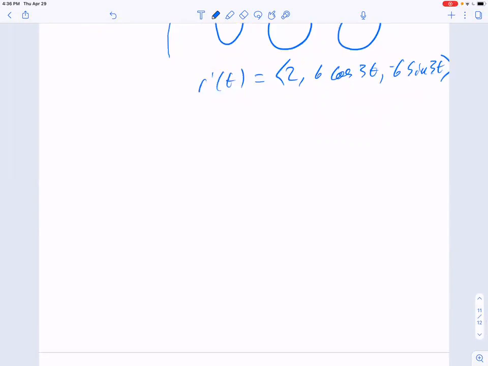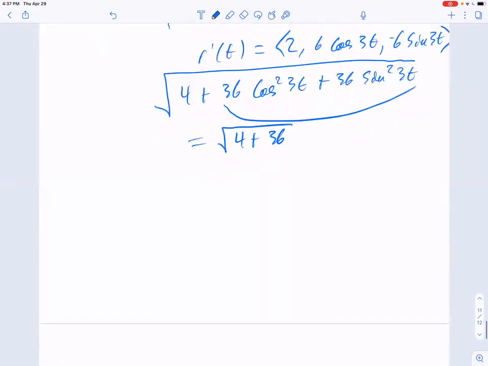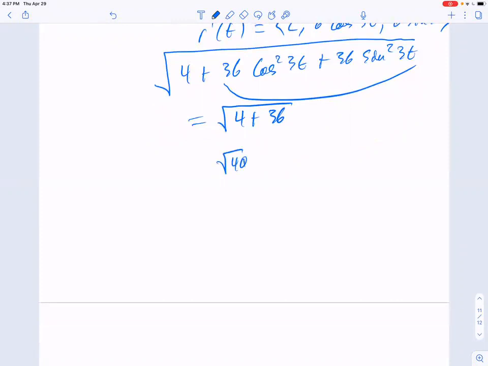So squaring each component, we get 4 plus 36 cosine squared 3t plus 36 sine squared 3t. And then we, of course, take a square root. And so we have a cosine squared and a sine squared, so we get the root of 4 plus 36. And so that gives you root 40.